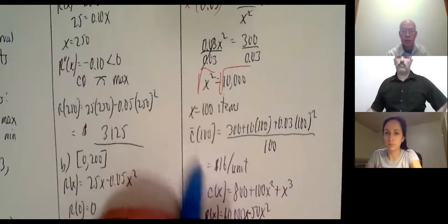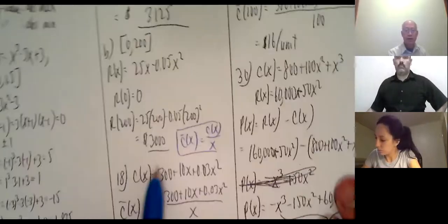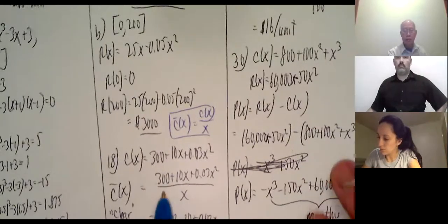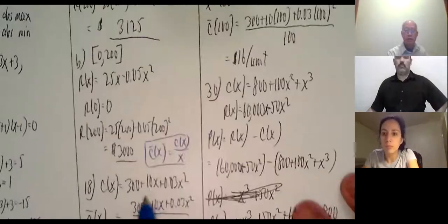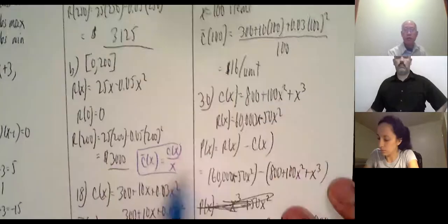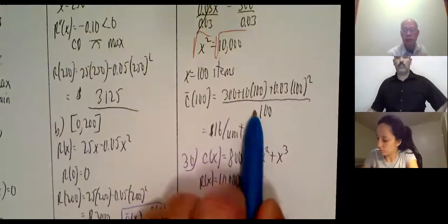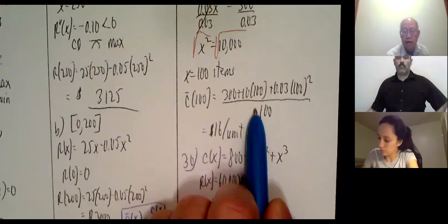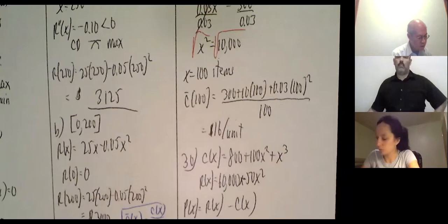I did that over here somewhere. I plugged it back into here, I guess. That still works. So 300 plus 10 times 100 plus 0.03 times 100 squared, all over 100. Grind it out. $16 per unit is the answer.